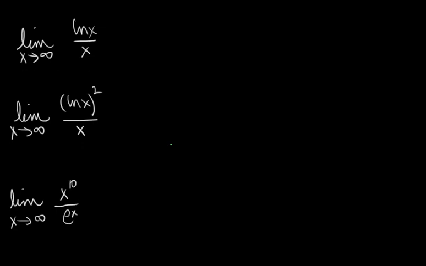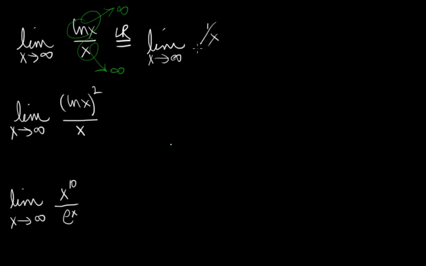For example, if we're taking the limit of natural log x over x, we know that they both become infinite. But I'll use L'Hopital's rule to show you that still, even though x is getting large and natural log x is getting large, there is a limit, because we'll use L'Hopital's rule and we get this is equal to the limit as x approaches infinity of the derivative of natural log x, which is 1 over x.